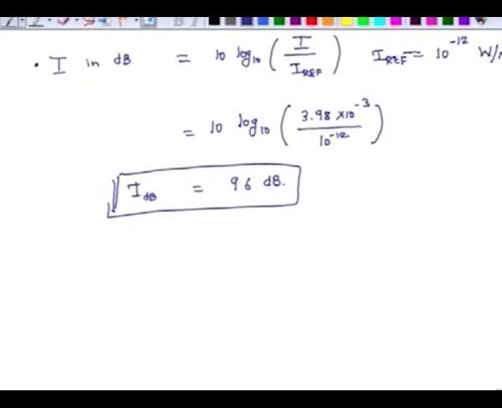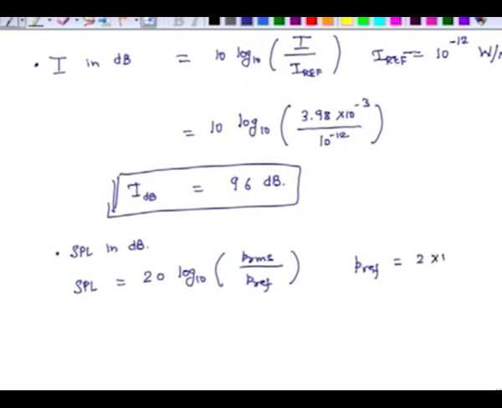Our next aim is to compute SPL or sound pressure level in decibels. So, SPL in decibels is defined, we have seen this definition earlier, as 20 log base 10 of RMS pressure divided by reference pressure, and P ref or reference pressure is 2 times 10 to the power of minus 5 pascals or newtons per square meter.